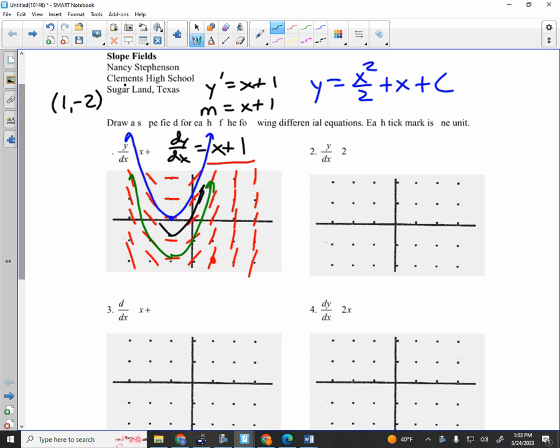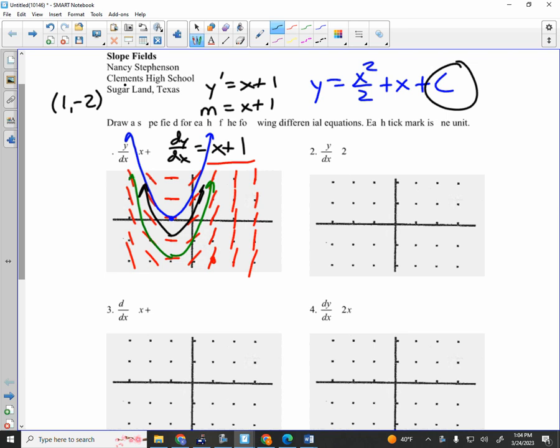They all have different constant values, don't they? Because we don't know the beginning constant. See my point? So your goal is to be able to draw a slope field, and then sketch a general graph somewhere through it. We'll get a specific graph at a different point in time.